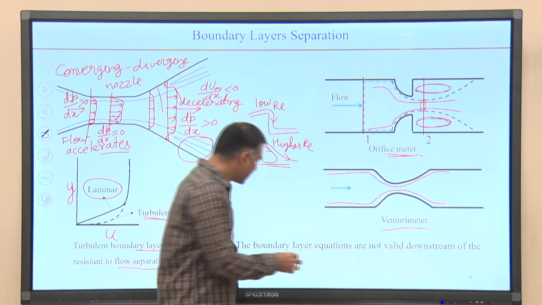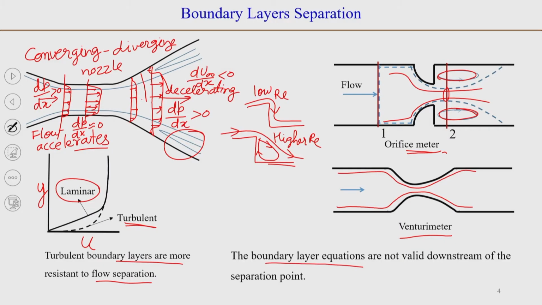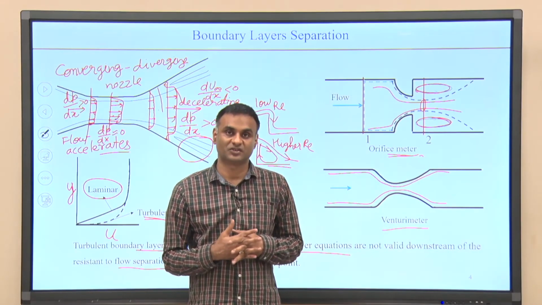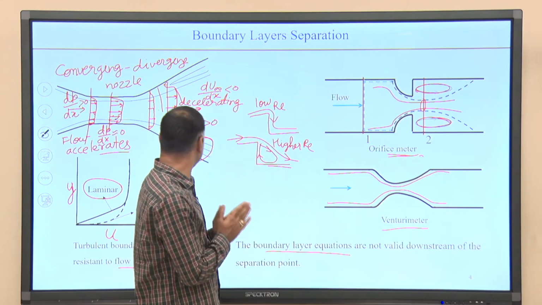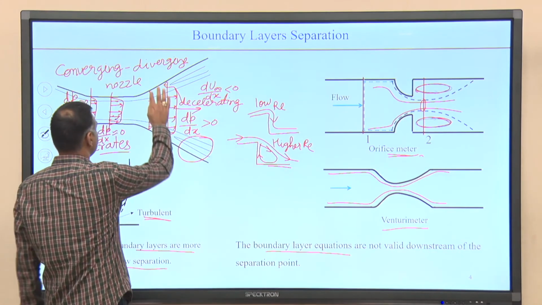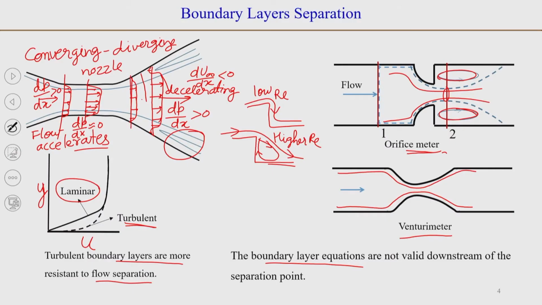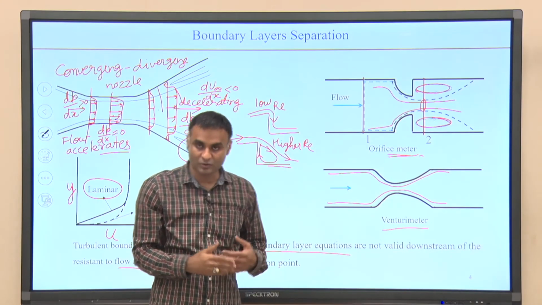So, the boundary layer equations that we derived are not valid downstream of the separation point. We can still analyze the flow before it separates, but after the flow separation happens, we cannot use boundary layer equations. They do not remain valid anymore.